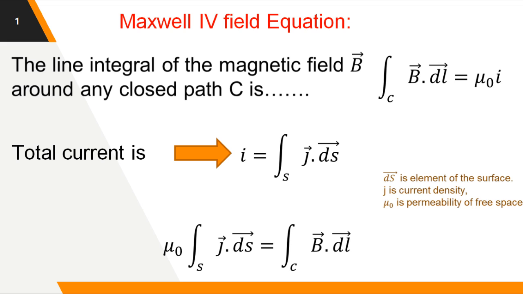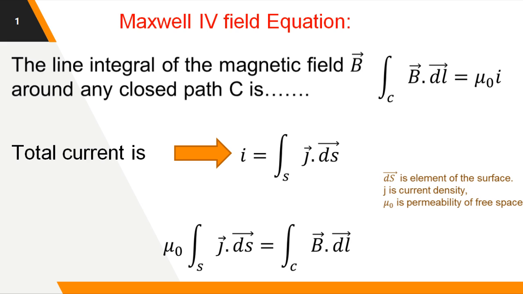In order to understand that, go through Ampere's law, which is written in vector form. The line integral of magnetic field B around any closed path is directly proportional to the strength of the current. That's what we have studied, Ampere's circuit law.